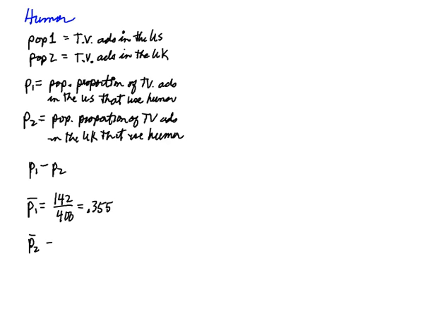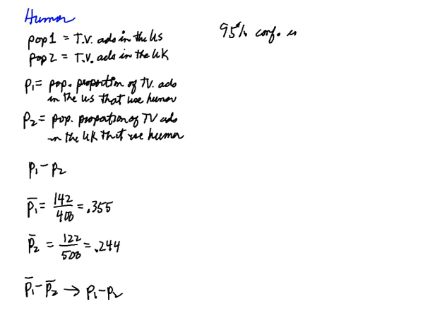And then out of the population of TV ads in the United Kingdom, 500 were selected for the sample, and 122 used humor. So that would be 24.4%. And P1 bar subtract P2 bar is an estimate of P1 minus P2. And we want to build a 95% confidence interval.